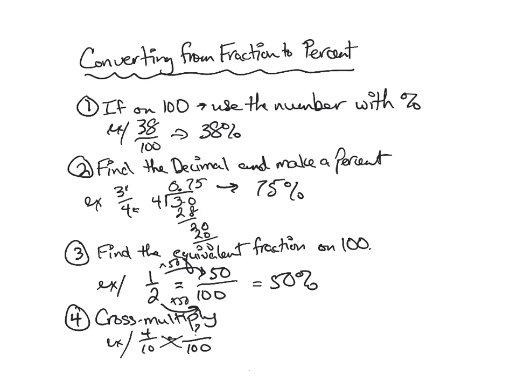So you end up with 10 times question mark is equal to 4 times 100. 10 question mark equals 400. You divide both sides by 10 to get rid of this, and question mark ends up being 40.